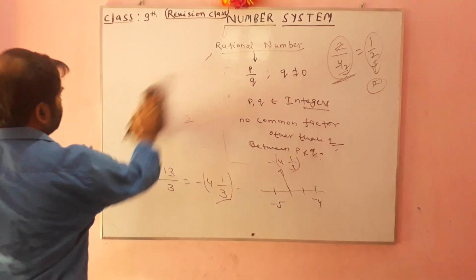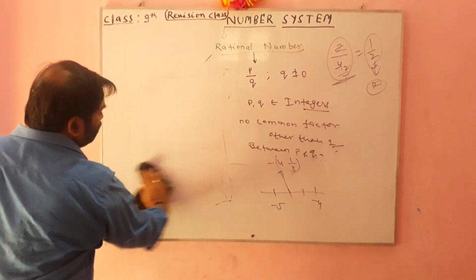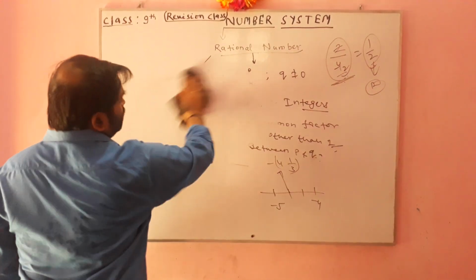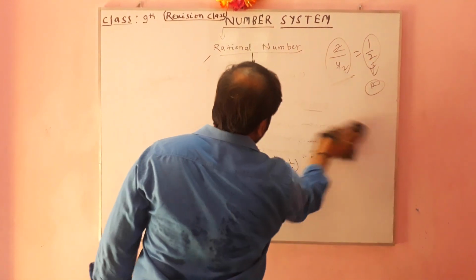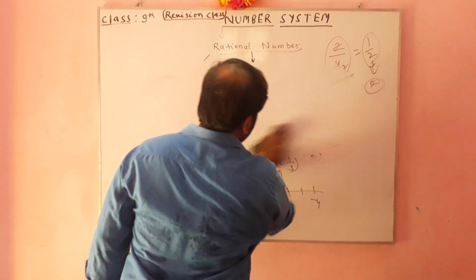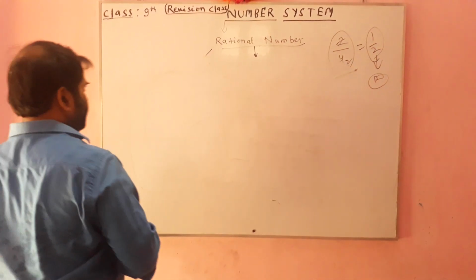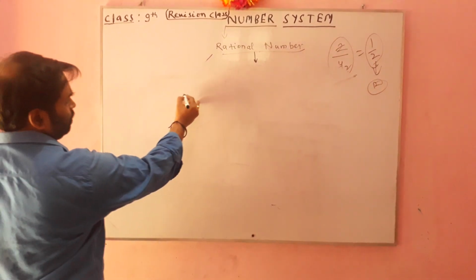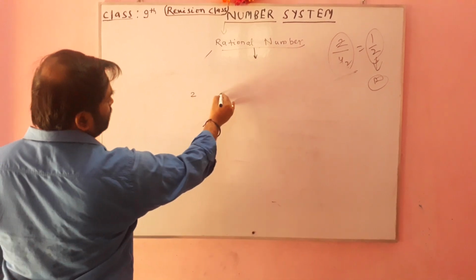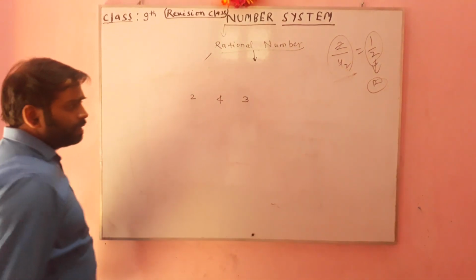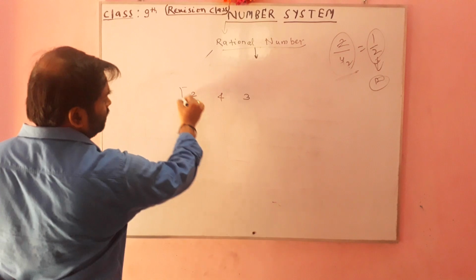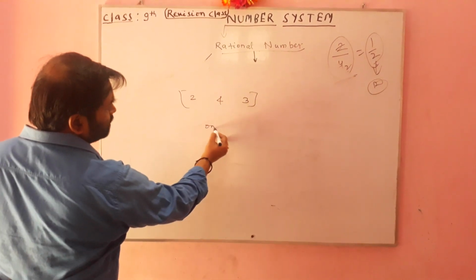Now our topic is how we find rational numbers between two numbers. What is the process? Just see here, this is 2 and this is 3. We have to find one rational number.